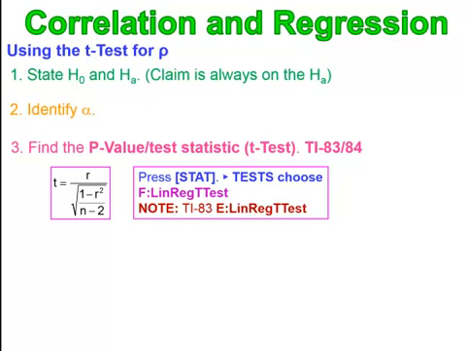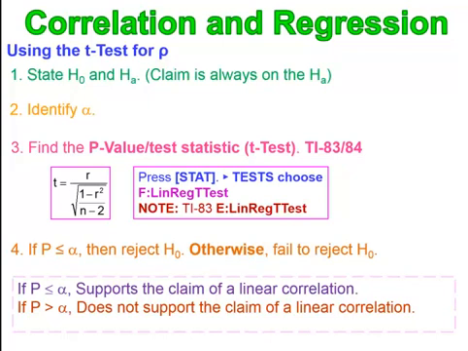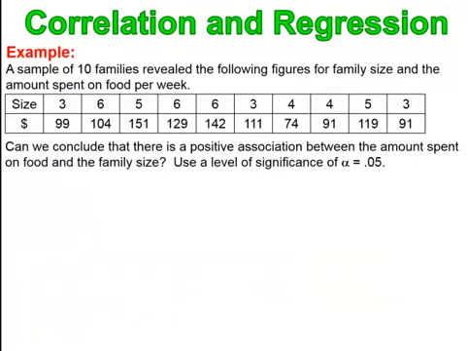Choose the linear regression t-test. Enter in the data, and then you're going to test your p-value. If your p-value is less than or equal to alpha, then you're going to reject the null. Otherwise, it fails to reject. If you reject the null, then it supports the claim. If you don't reject the null, it does not support the claim of linear correlation.